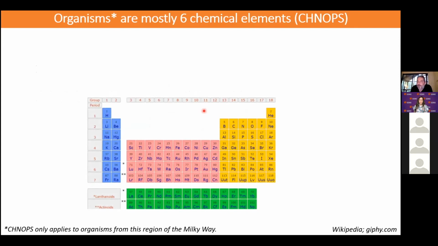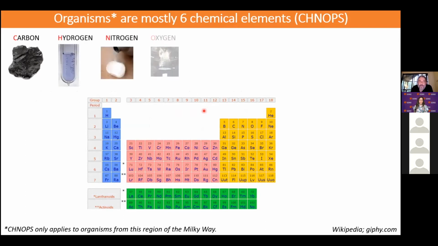I like to start off with this. This is the periodic table, and you've all seen this at some point. Maybe you love it, maybe you hate it, maybe you barely remember it, maybe you know it in detail. But this is all the stuff that makes the planet Earth, right? This is what it's made up of, all these different elements. And organisms on Earth are made up of these core elements.